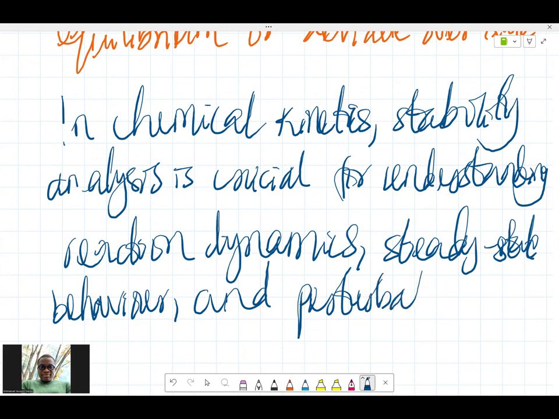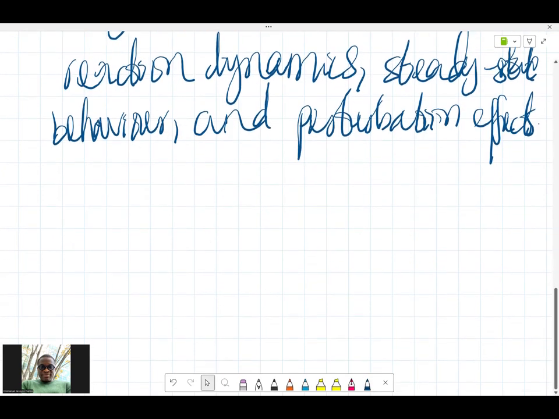This is when you change something a bit in the system.